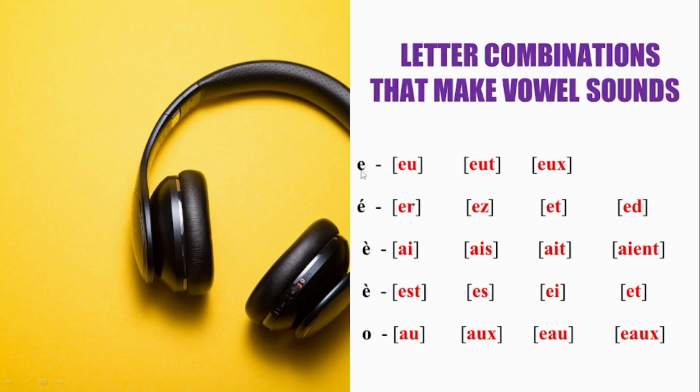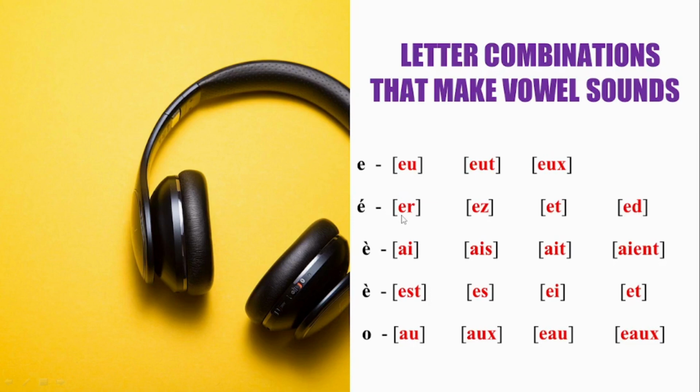So these are letter combinations that make the vowel sound. For the A vowel sound, we have ER, EZ, ET, and ED.